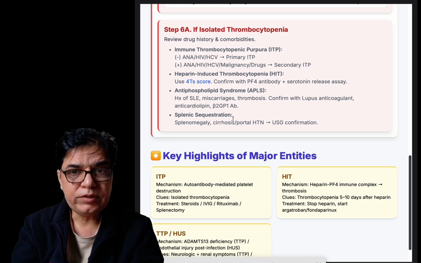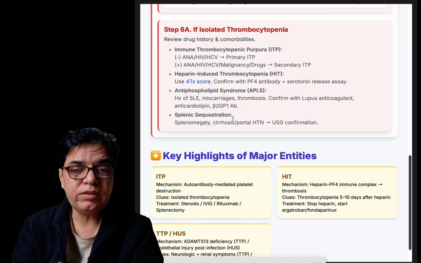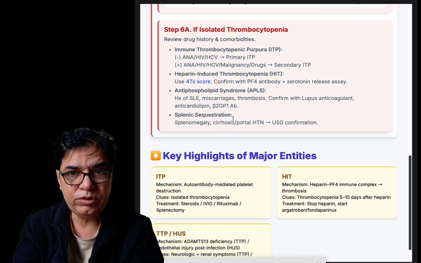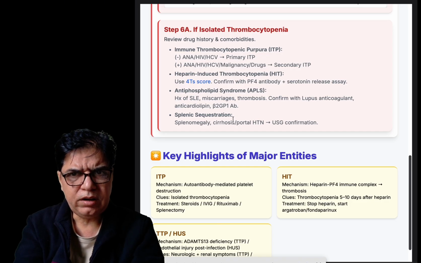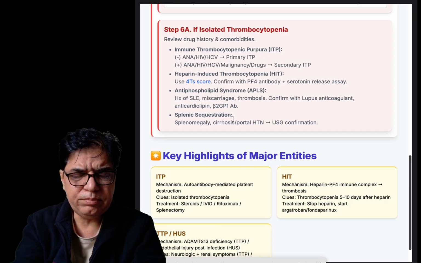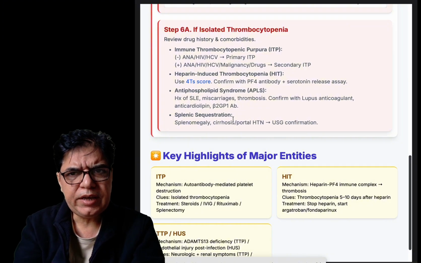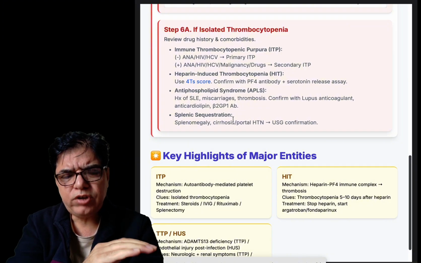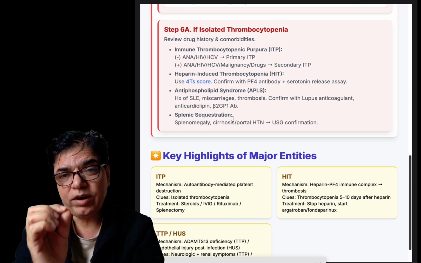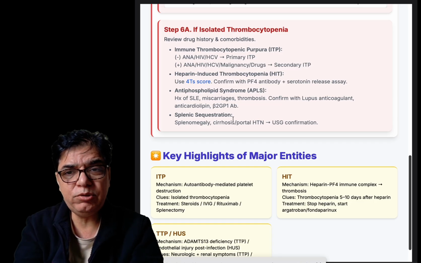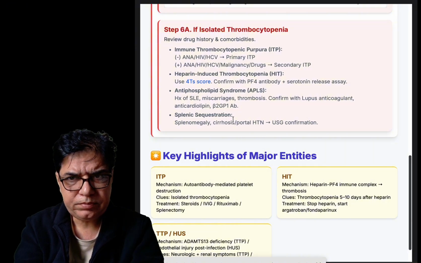You have to rule out whether the child is suffering from hepatitis C or HIV, or from certain immune disorders like SLE, or other inflammatory disorders in which the ANA can be positive. You have to rule out a few conditions, and once you have ruled them out, then you are left with what we call primary immune thrombocytopenic purpura.